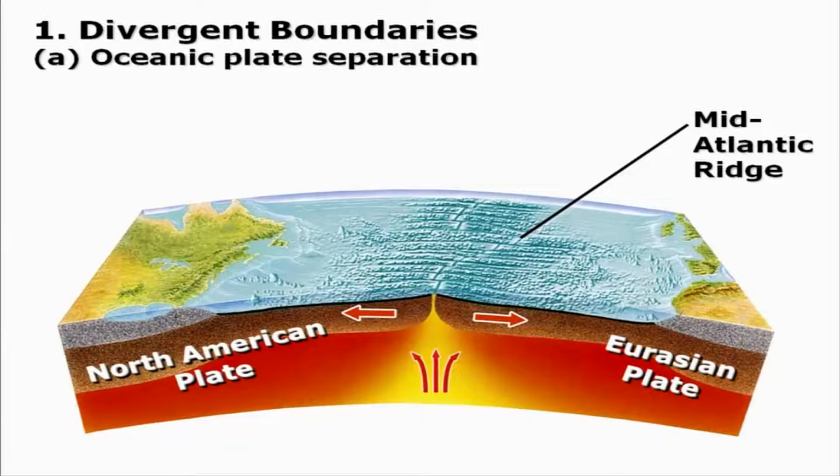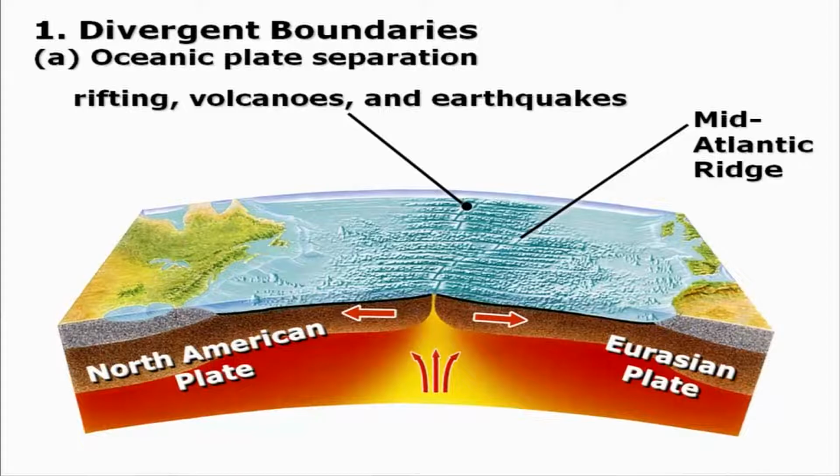So, one is the divergent plate boundary, which encircles the earth right from the south pole to the north, the mid oceanic ridge or mid Atlantic ridge, and this results in landforms which we see as rifts and volcanoes, and the associated hazard is basically earthquakes.